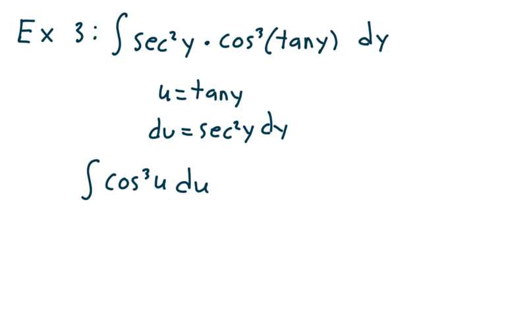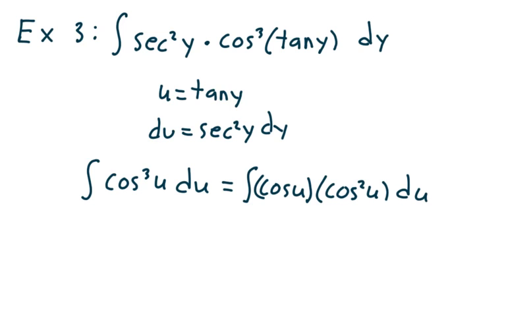But when I see an odd power, I want to pick off a cosine. And so I have cosine of u, but I'm going to multiply by cosine squared u du. But I could write that cosine squared u in terms of sine.